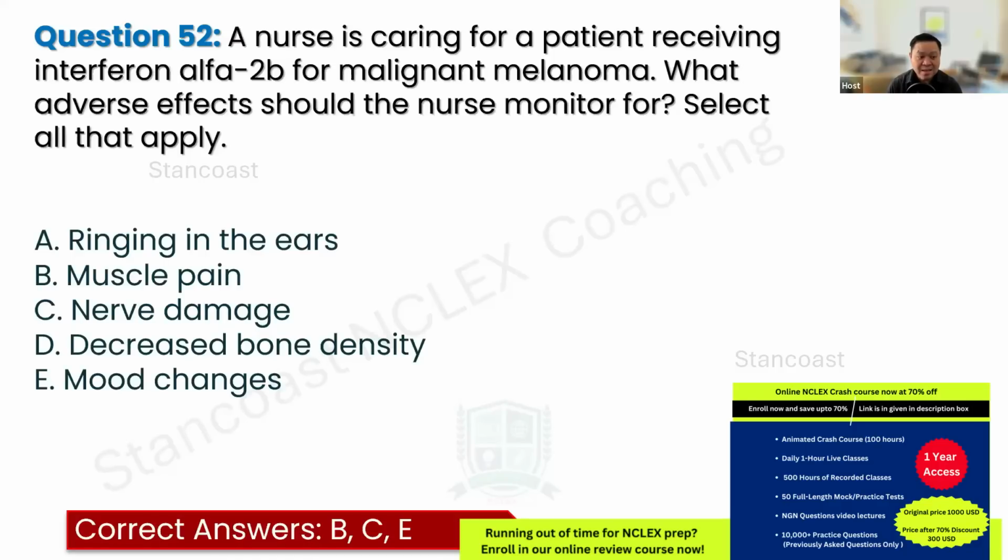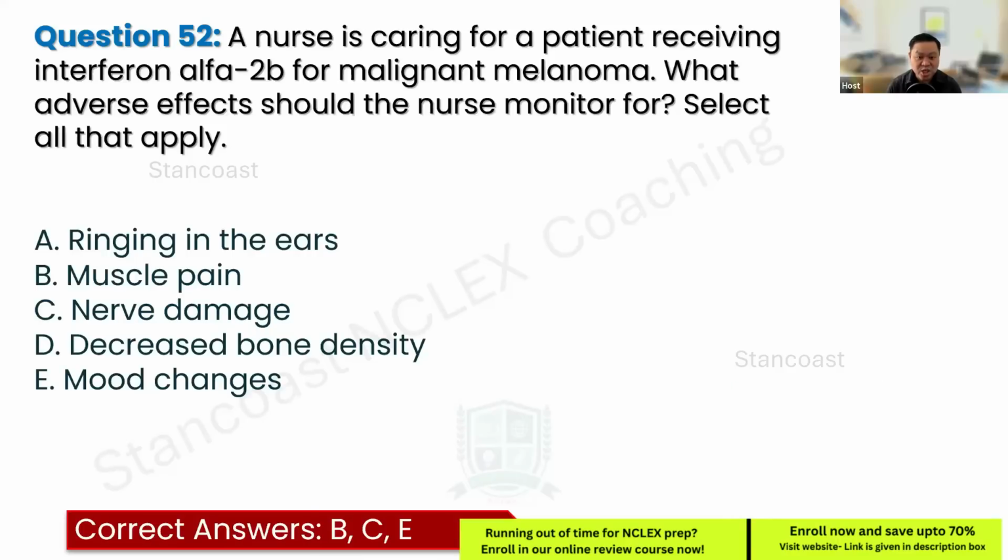Now, for letter E, this is also correct, mood changes, because we know that depression and other mental status changes are also known adverse effects of the interferon alpha 2b treatment. So we are going to assess this patient for suicidal ideation.